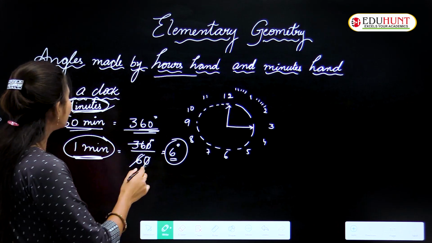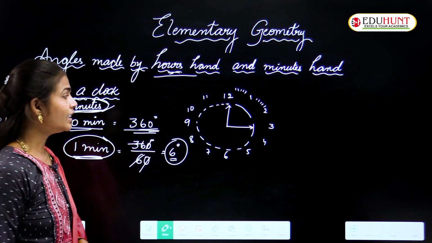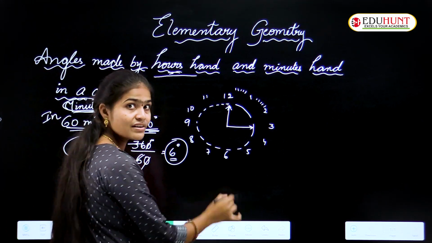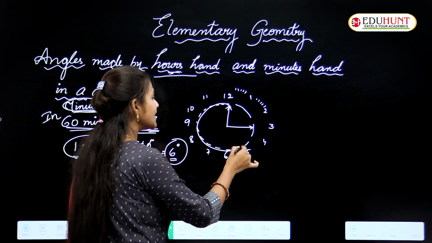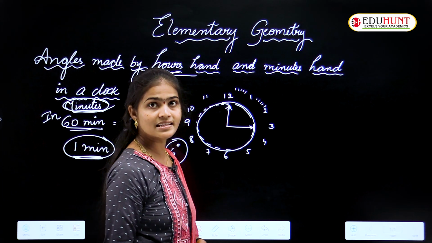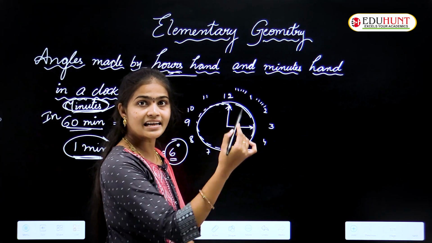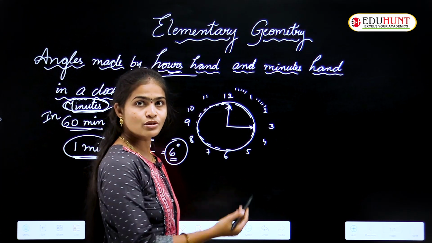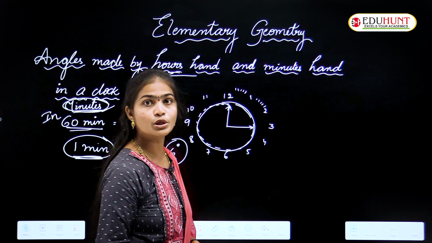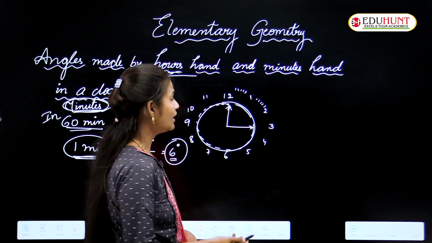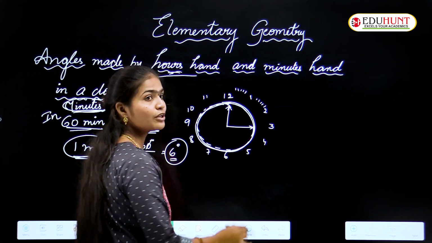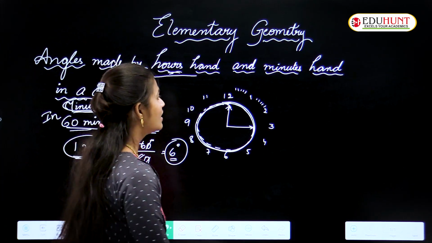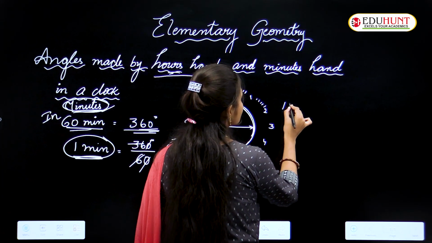Okay. Now come to the hours hand. Let us take this one as the hours hand. This hours hand completes one full rotation in how many hours? Hours means we need to consider how many numbers are given. I have taken this one as a 12 hour clock. So the hours hand covers one complete rotation in 12 hours.